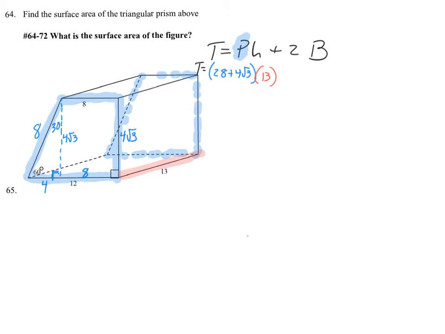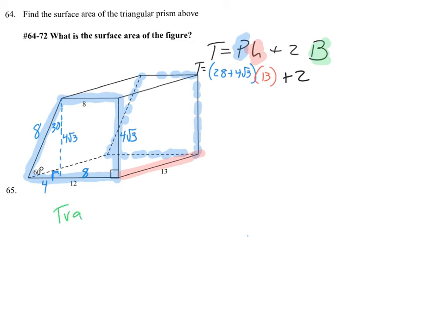Okay, so now we're moving on to the base area. Let's keep filling in our equation here. Plus 2 times, and now we have to do the area of the base. I'm going to do this one in green. In order to calculate this, we need to know what kind of shape the base is. And we already said that the base is a trapezoid.